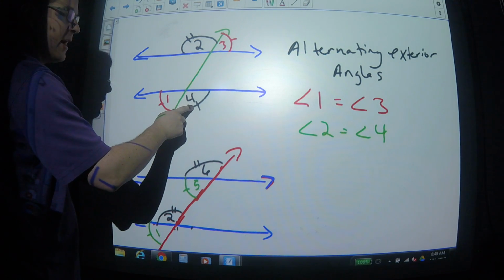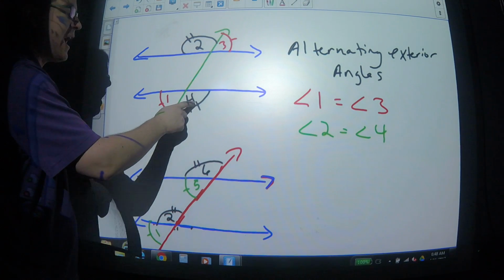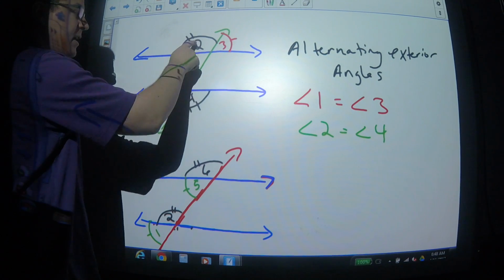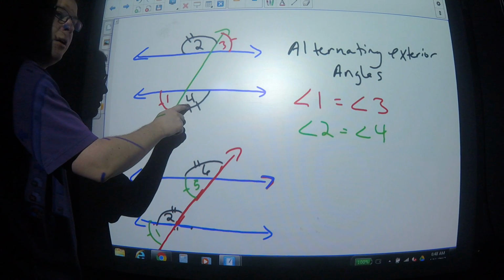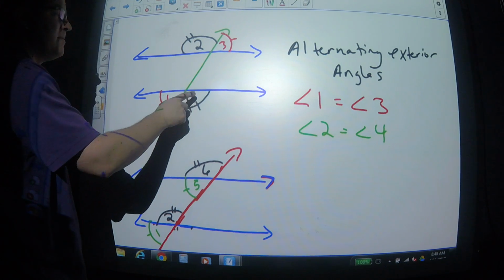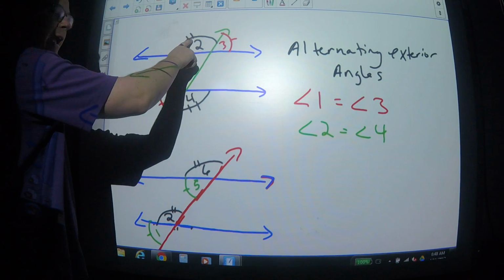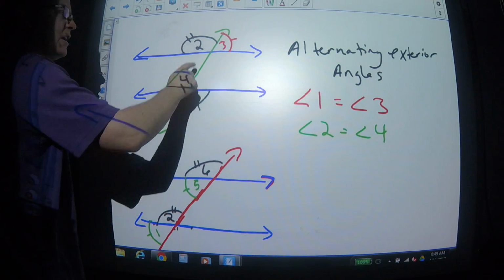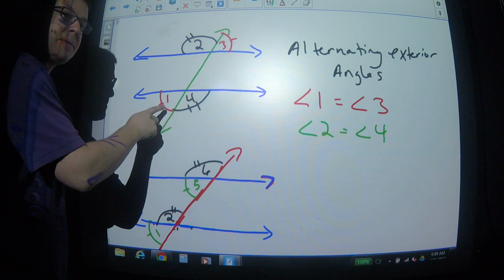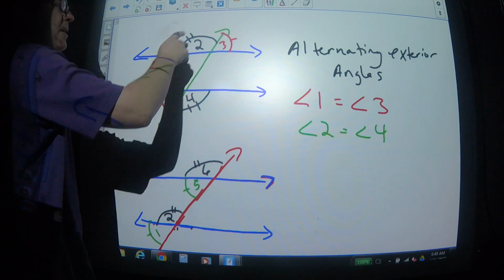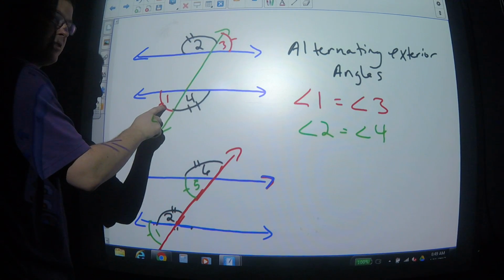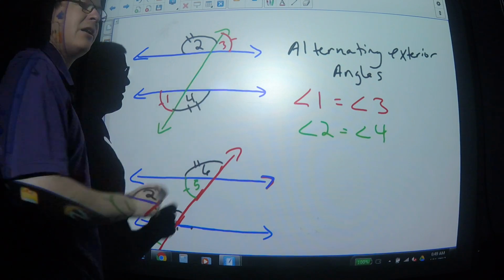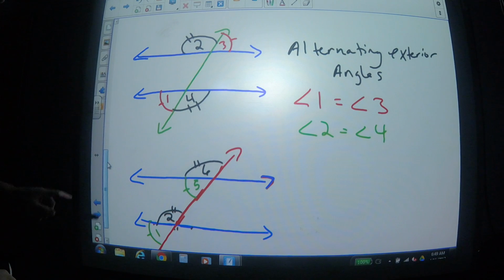On this side of the transversal, on the outside of the parallel line, 4 and 2 are going to be equal, because if 4 is here, alternating means it needs to be on the other side of the transversal and on the outside of the parallel line. So on the opposite side, 1 is going to be equal to 3.